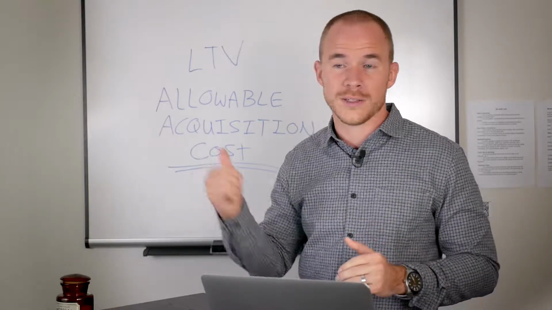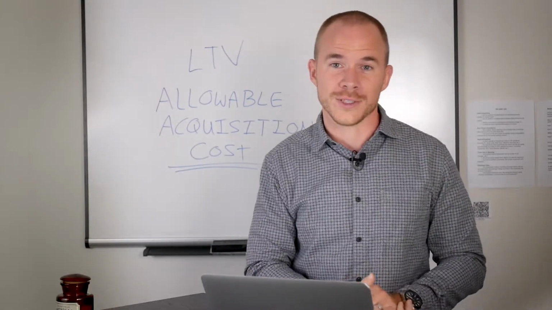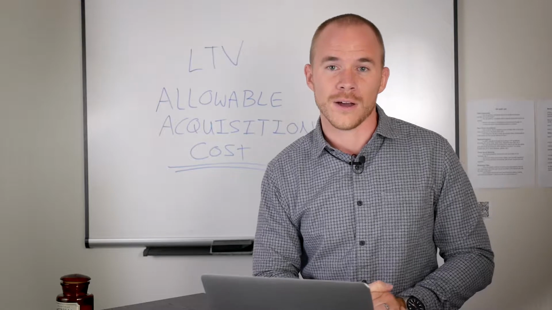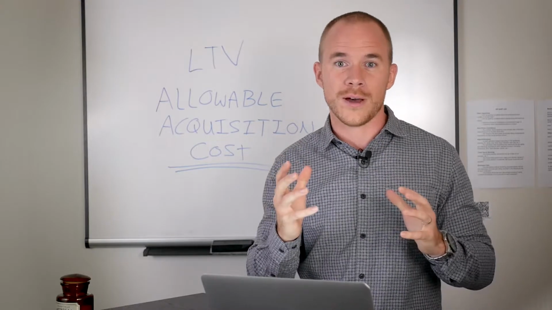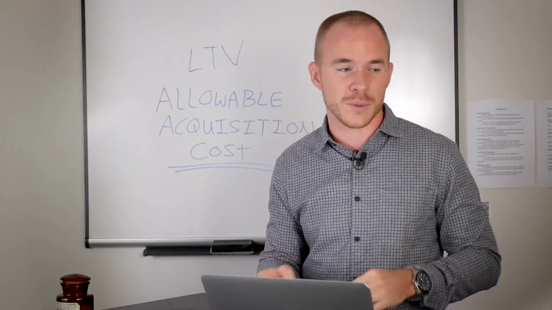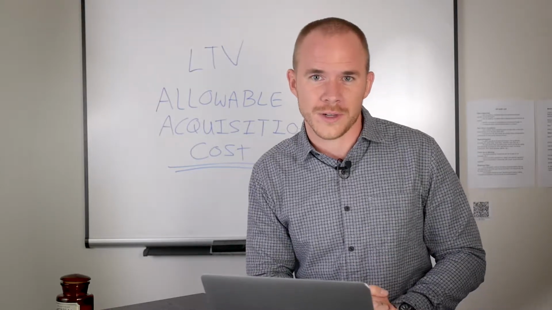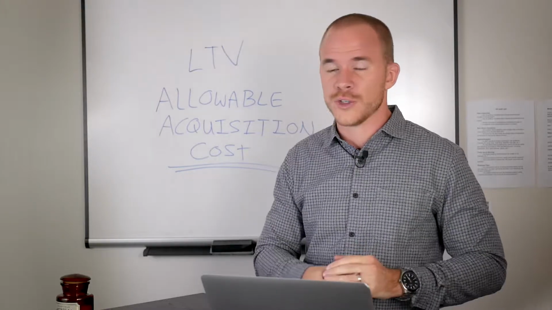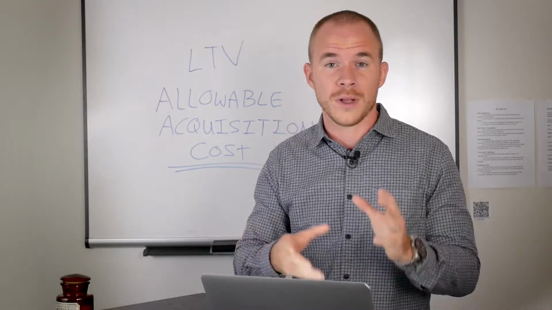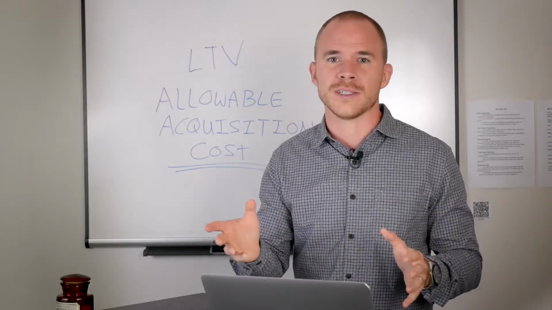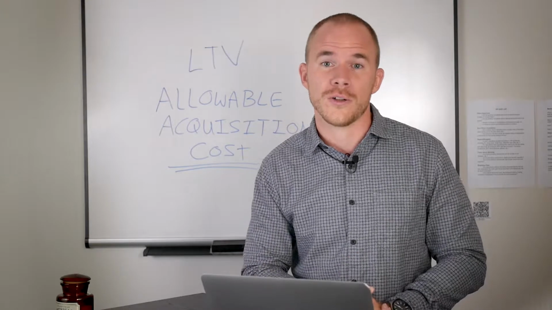So when we learned this concept of the allowable acquisition cost, that's when we started changing the way we thought about what we could spend to get a customer. Previously, we would stop into a potential client's office and just drop off a flyer, and we'd drop off a very small gift, something that cost us maybe $1.